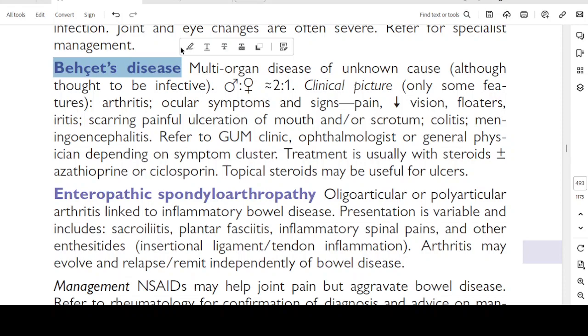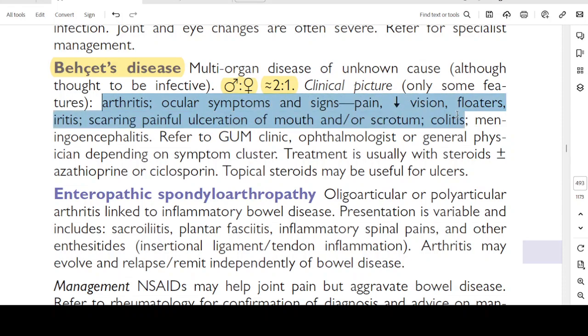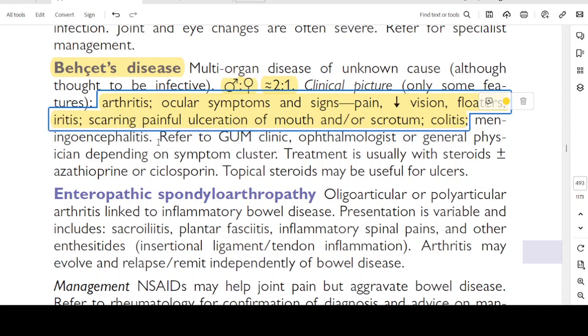Behçet's disease is a multi-organ disease of unknown cause, although thought to be infective. Male to female ratio is 2:1. The clinical picture, only some features: arthritis, ocular symptoms and signs, that is pain, decrease in vision, floaters, iritis, scarring, painful ulceration of the mouth and scrotum, colitis, meningoencephalitis.